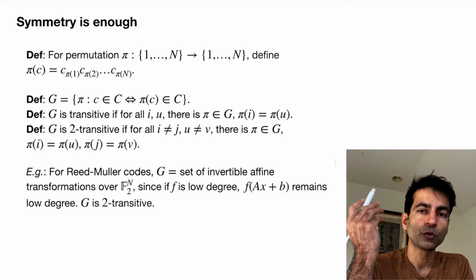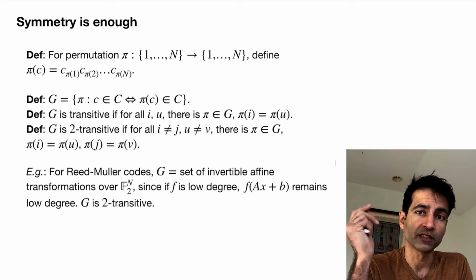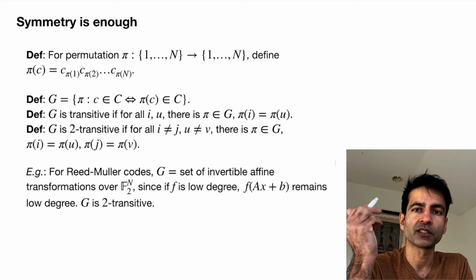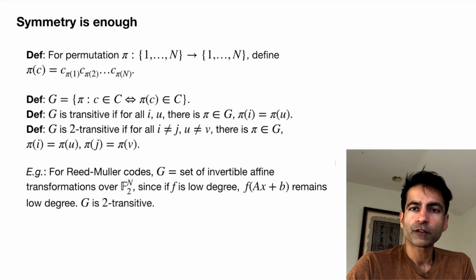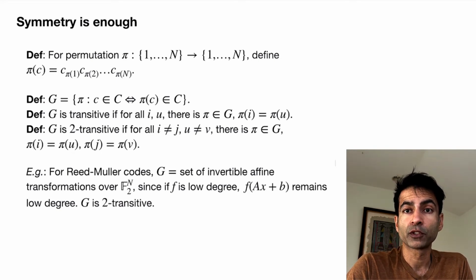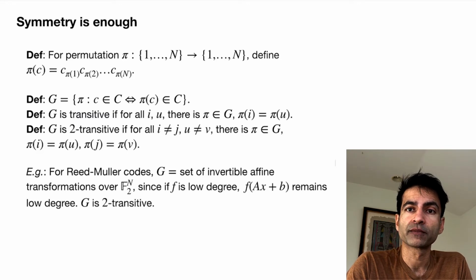And we'll say that it's two-transitive if whenever you have two pairs of coordinates, there's a permutation taking the first pair to the second pair in the group of symmetries. And if you think about it for a little bit, it's not too hard to see that for Reed-Muller codes, the group of symmetries is exactly the set of invertible affine transformations over GF(2). An affine transformation preserves the degree of a polynomial.